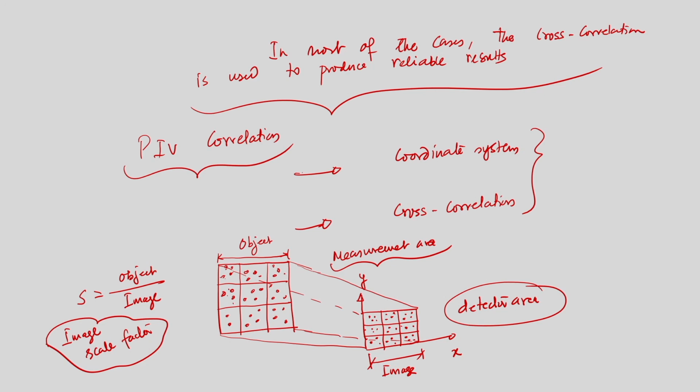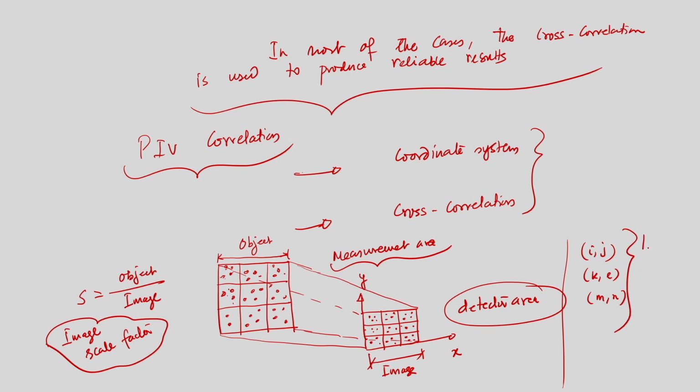Now, for the coordinate system, here we are having two. We are using the following symbols, that is i comma j, k comma l, and m comma n.